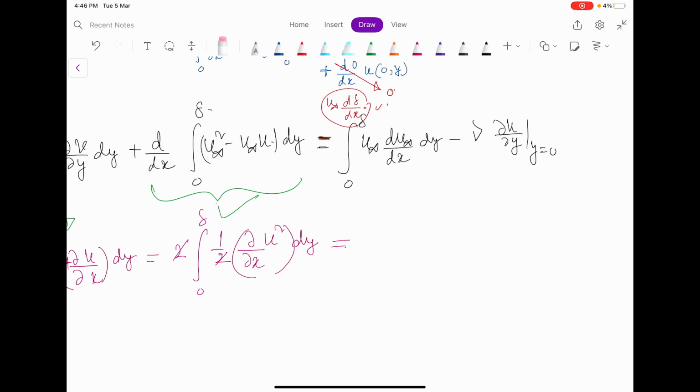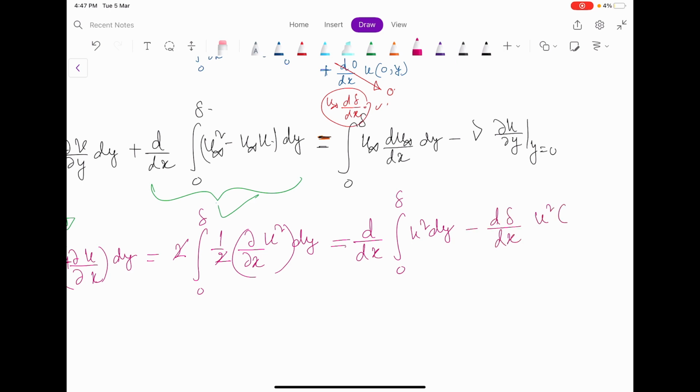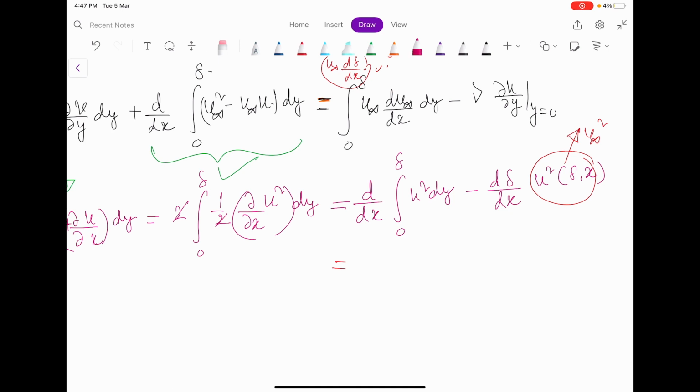So now applying the Leibniz rule, this will be d dx of the integral of u square dy, minus d delta dx into u square at delta comma x, and that is nothing but u infinity square. So that will be all over d dx of the integral from 0 to delta of u square minus u infinity square into dy.